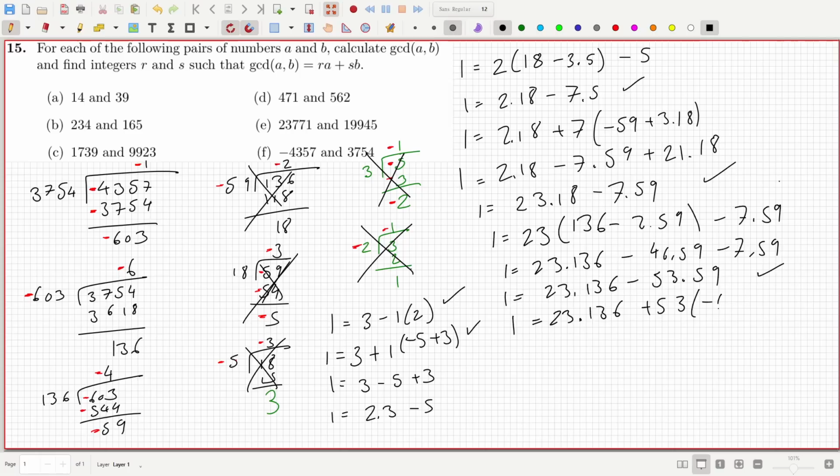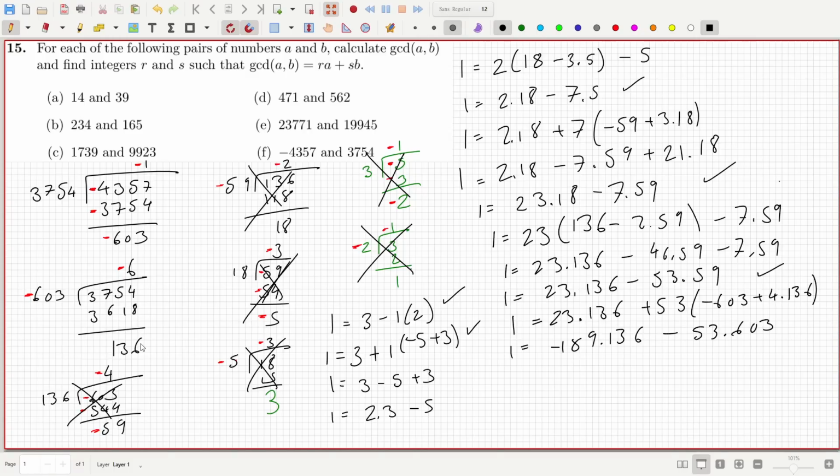So that would be minus 603 plus 4 times 136. So that's 1 equals 23 times 136 minus 53 times 4. So that's minus 189 times 136 minus 53 times 603.